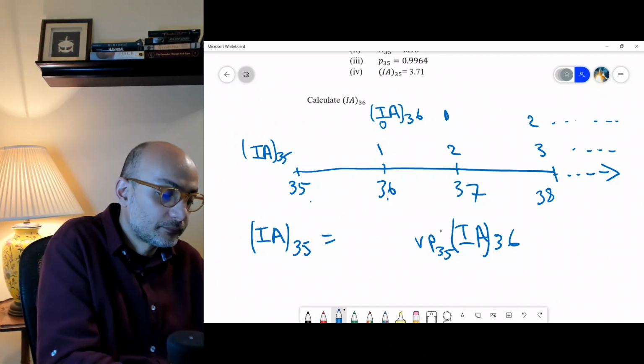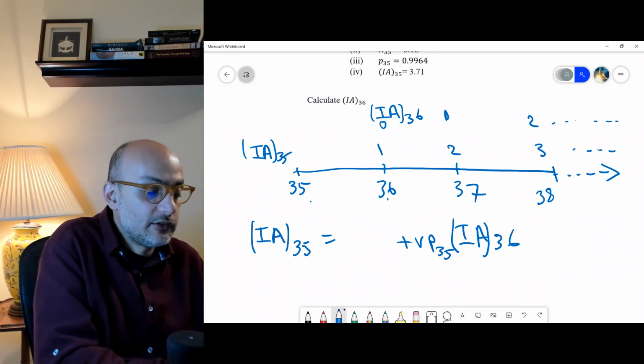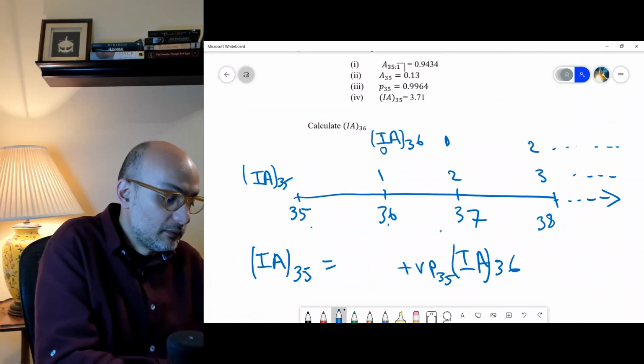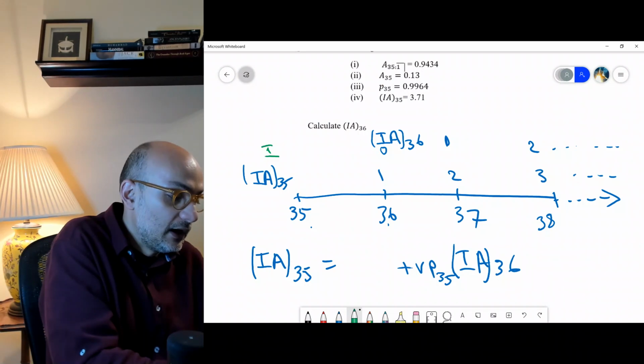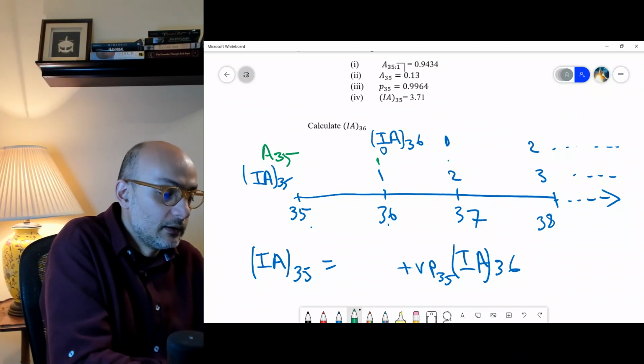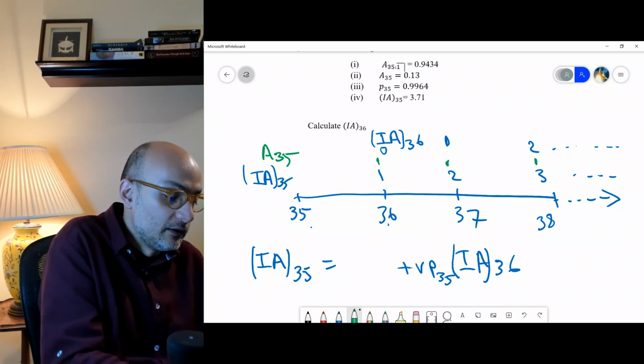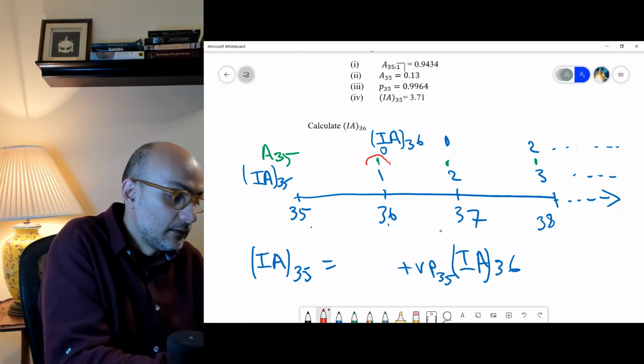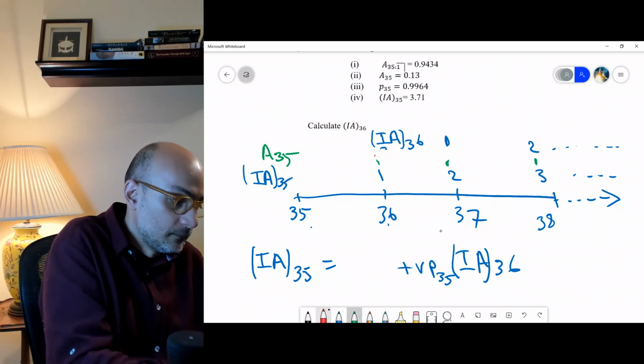It's v p 35. Then we need to add to it. Remember what we did last time? We need to add to it A35, because A35 will give you 1, 1, 1. So now if you add the top two with the 0 here, this will give you this.